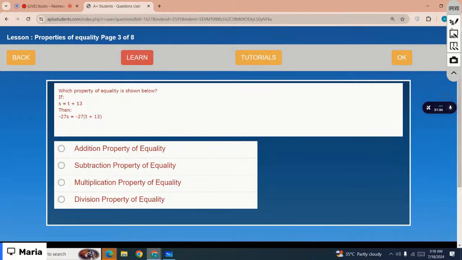So here you are multiplying both sides by negative 27, right? When you multiply the same number on both sides of the equation, that keeps the equation balanced. So that is the multiplication property of equality. Got it?